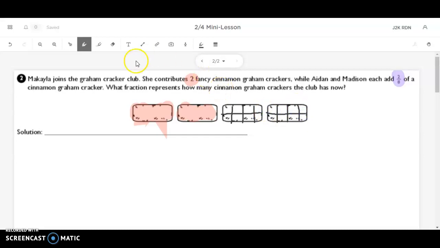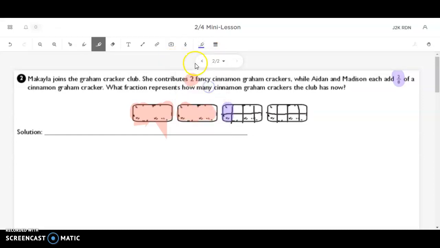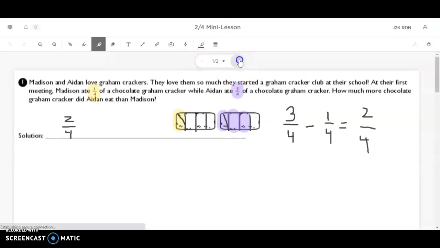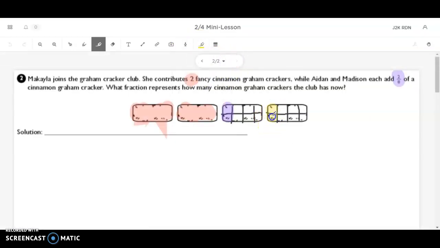Okay. So Eden gave 2/8, and Madison gave 2/8. Oops, sorry. Okay.